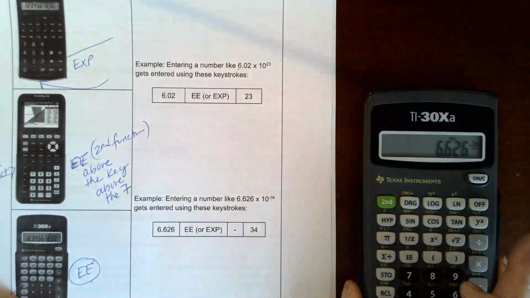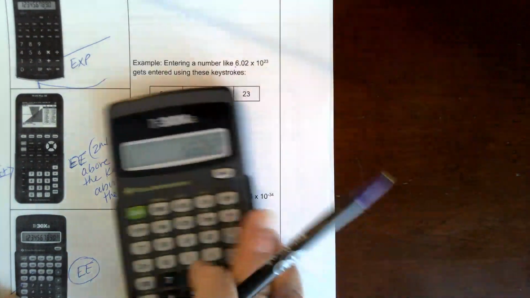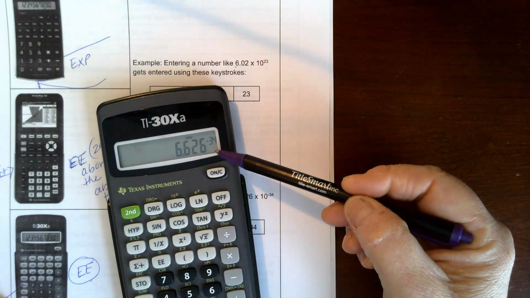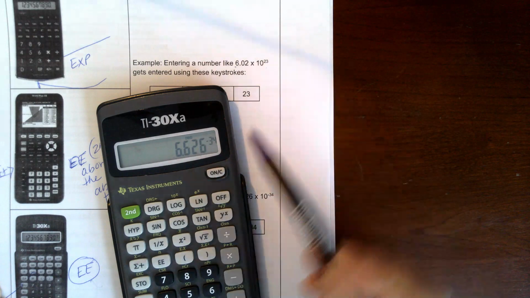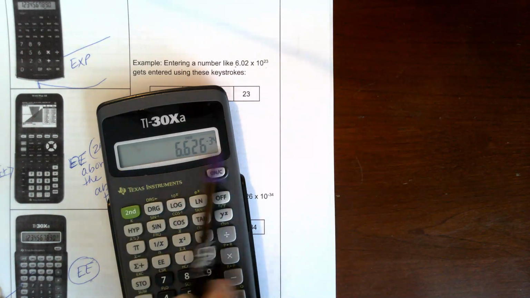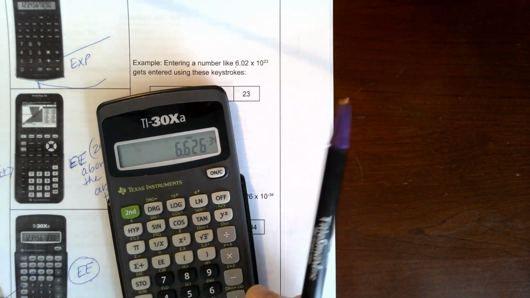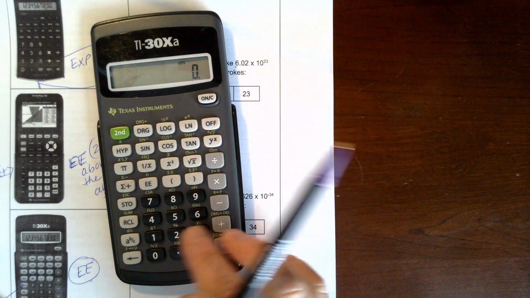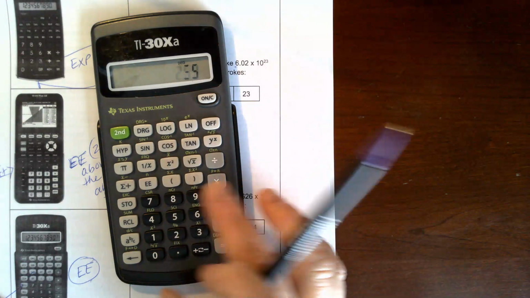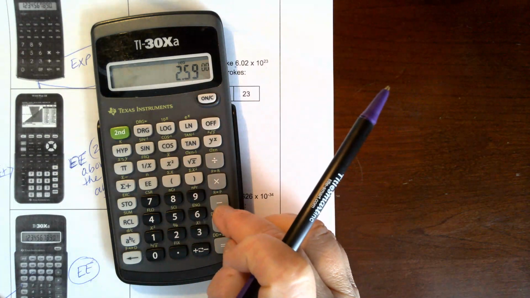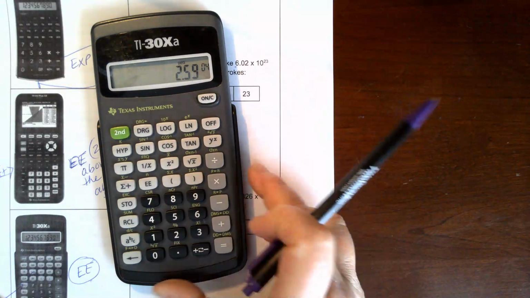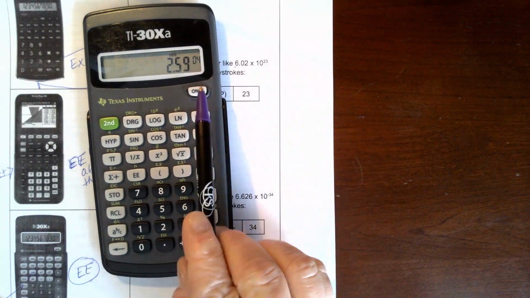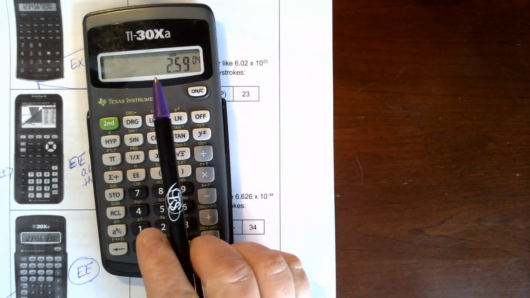Okay, now these are really large numbers. There's no way that you can force your calculator to show you the whole display because that would require 34 decimal places, and this calculator can't do that. But if you had a number like 2.59 times 10 to the 4th power, that's a small enough number that this calculator can display it.